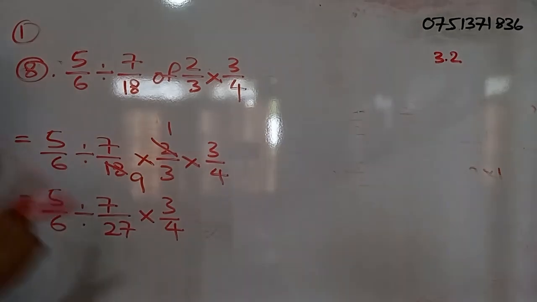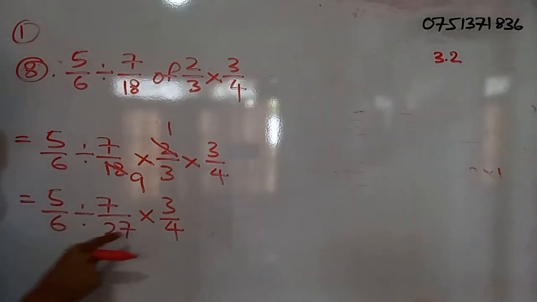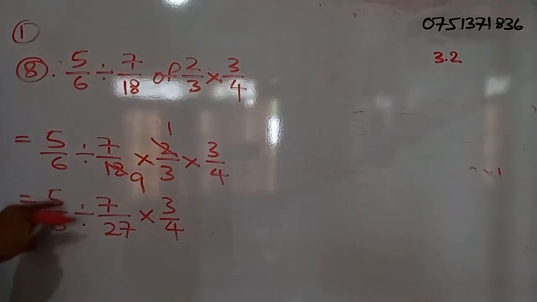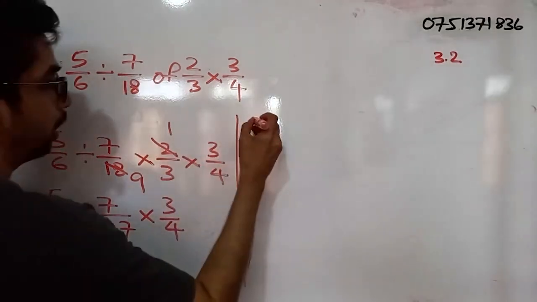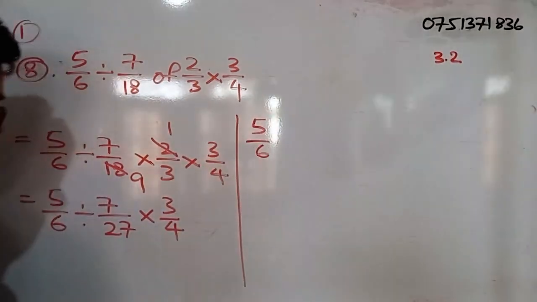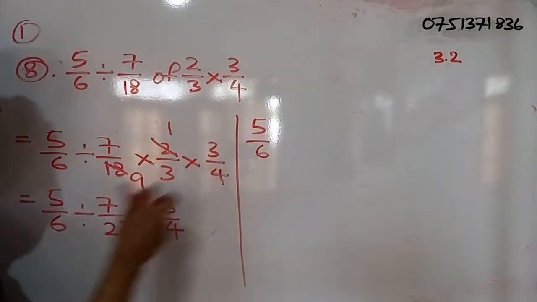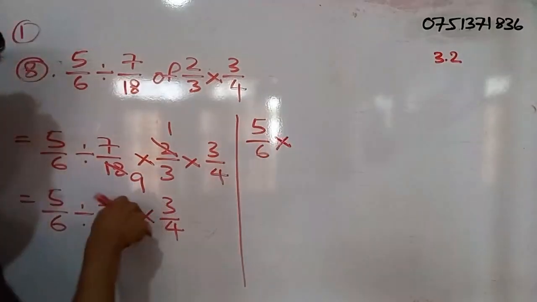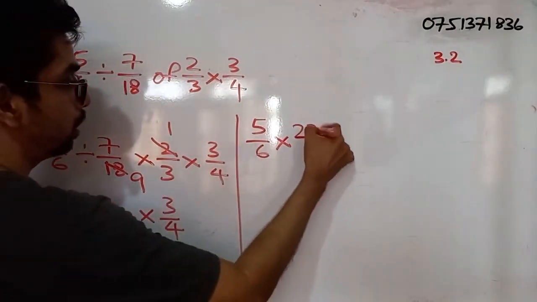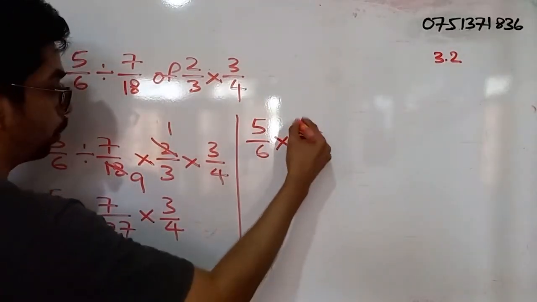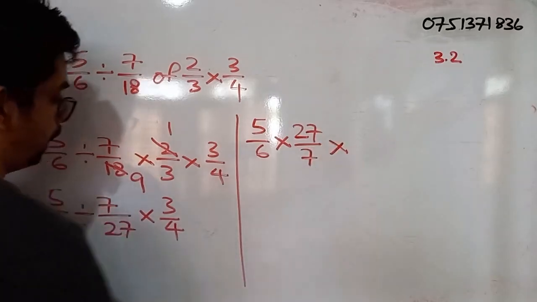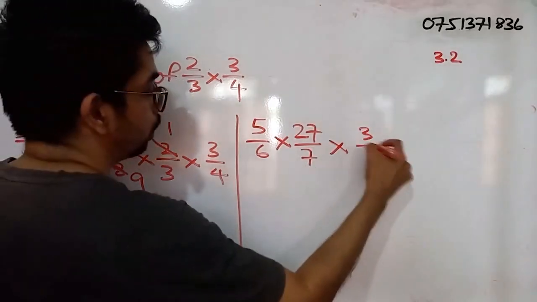Both mathematical operations have the same priority, so we have to start from the left and work our way to the right. Right, so 5 by 6, I have to use the multiplication. Then I have to write down the reciprocal, so that will be 27 by 7 into 3 by 4.